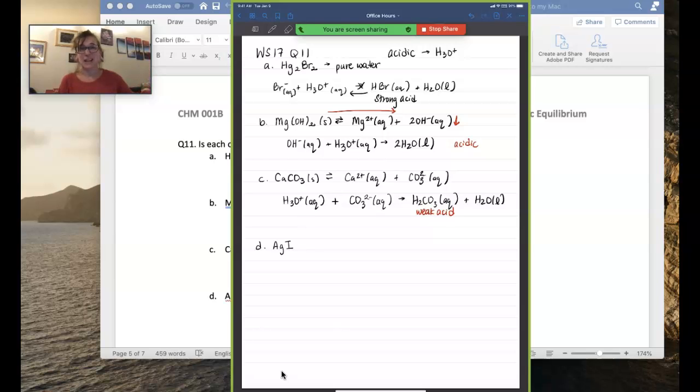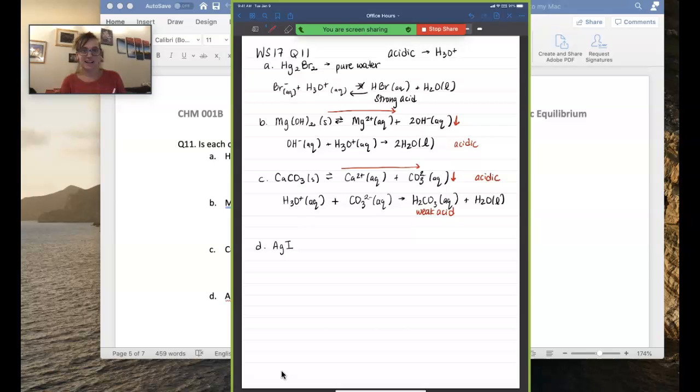Carbonic acid's a weak acid, so it's not going to dissociate like we saw HBr dissociate earlier, being a strong acid. And so in that case here, more hydronium ions means we decrease the carbonate concentration and shift the equilibria to the right here. So calcium carbonate would also be more soluble in acidic solution.